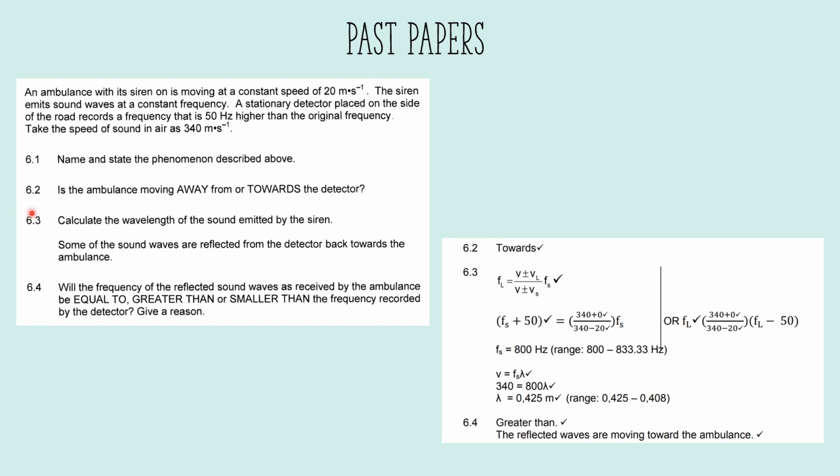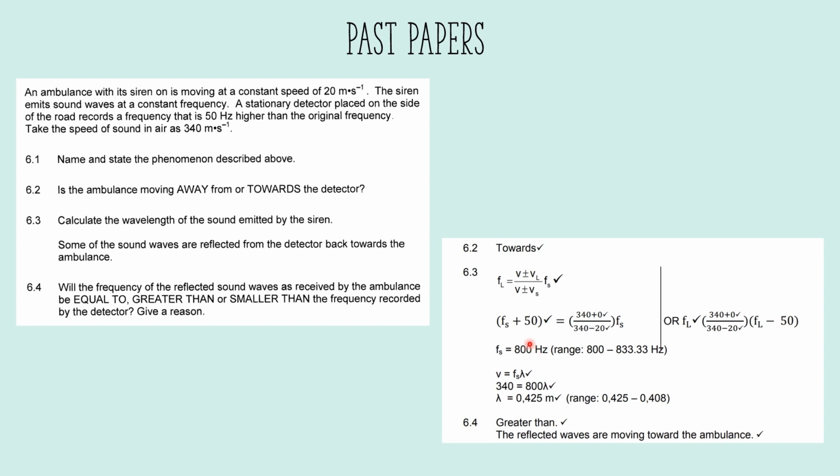Calculate the wavelength of the sound emitted by the siren. We use the normal equation. However, you have to minus 20 because it is going towards. So you put the plus at the top, the minus at the bottom, you're minusing 20 because they tell you that. And the frequency of the listener is basically the detector that is placed on the side of the road.